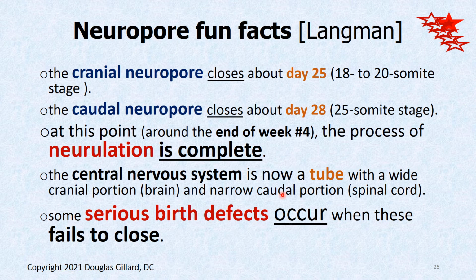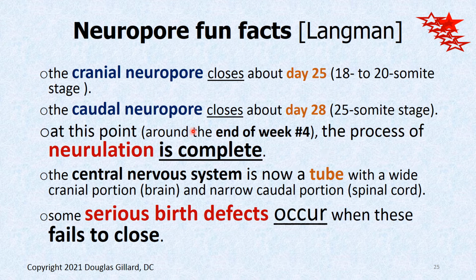So some fun facts about the neural pores. I always ask this question: which one closes first? Because neurulation isn't complete until the neural pores are closed. So who closes first? It's actually the cranial neural pore that closes first, about day 25. The caudal neural pore closes on day 28.